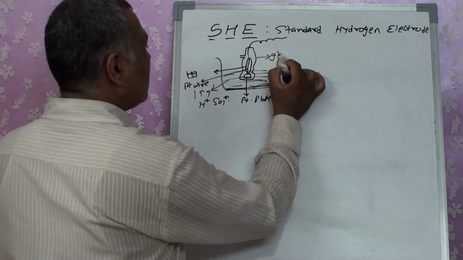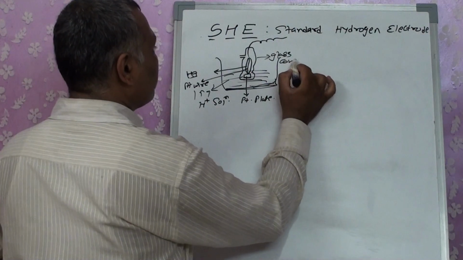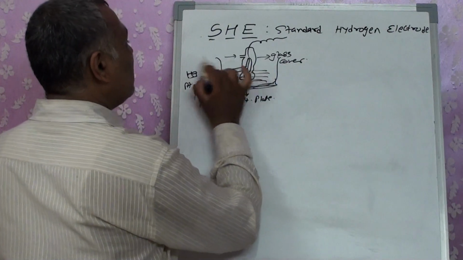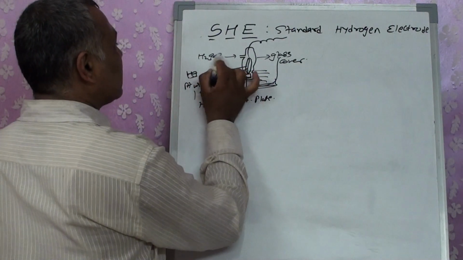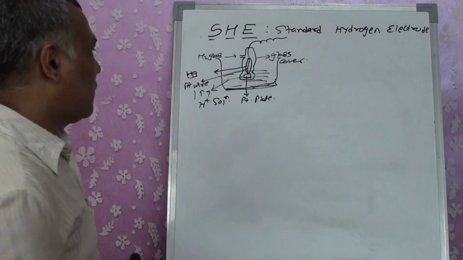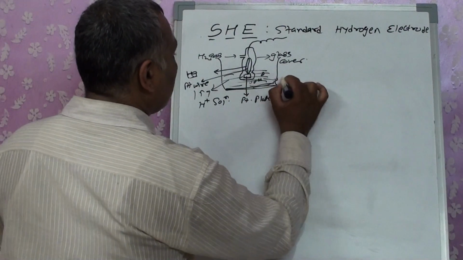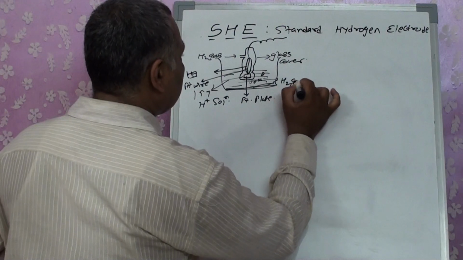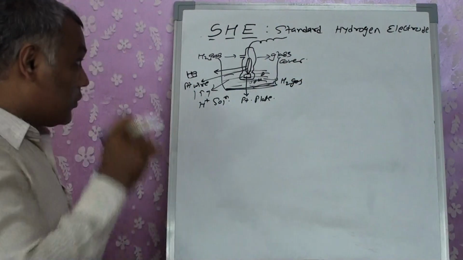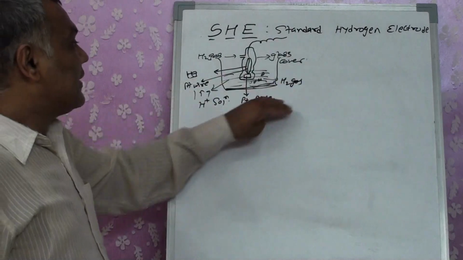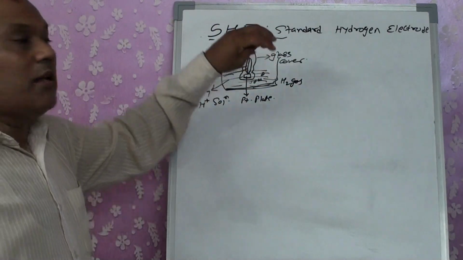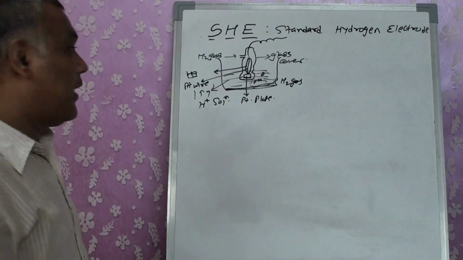This is a glass cover. From here hydrogen gas is bubbled. So this is known as the standard half cell of hydrogen, SHE.